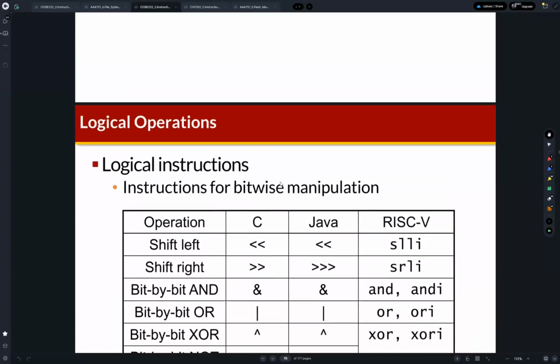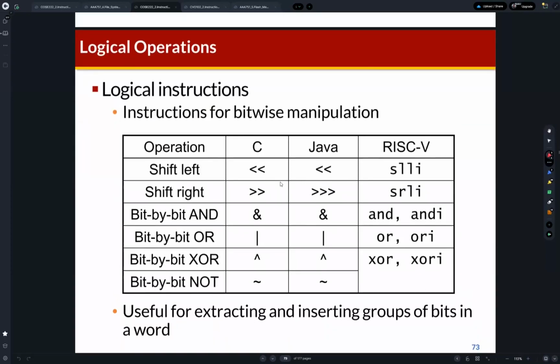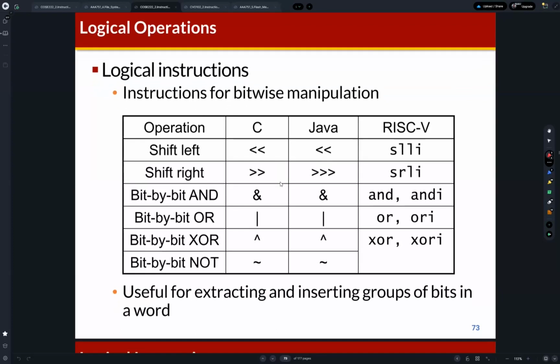So logical operations represent basic logical operations such as AND, OR, exclusive OR, and NAND. The processor handles digital data, so binary numbers, which means that processors can support logical operations like AND, exclusive OR, and NAND. Also, computer processors can support shift operations.